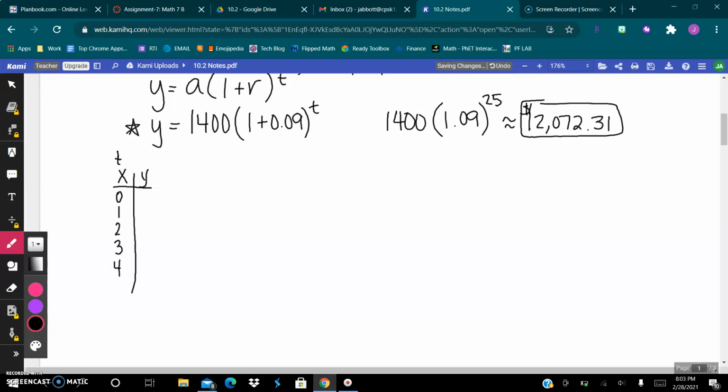So if I start at 0 years, it's going to be worth the $1,400 that I bought it for. Then after having it for 1 year, it's going to be worth $1,526. Then 2 years is $1,663.34.